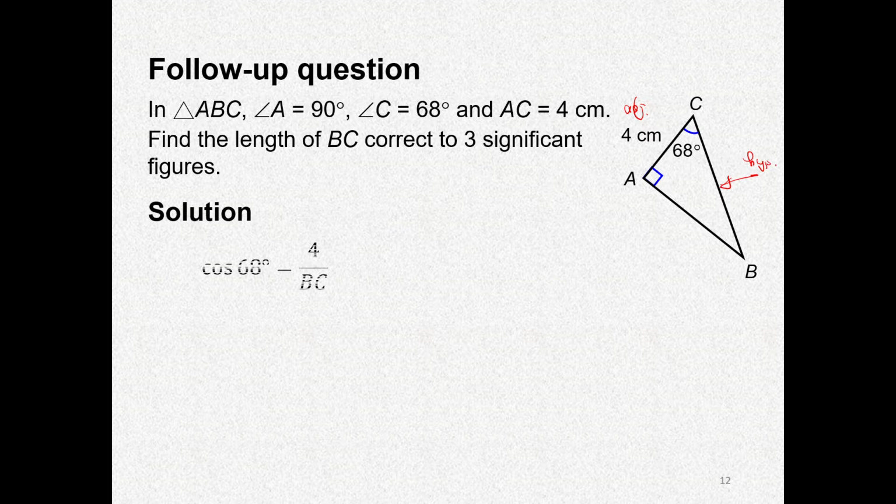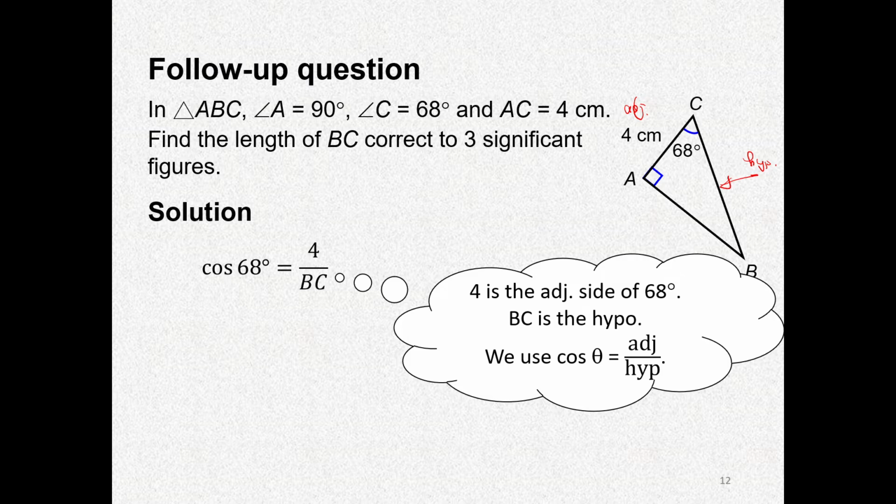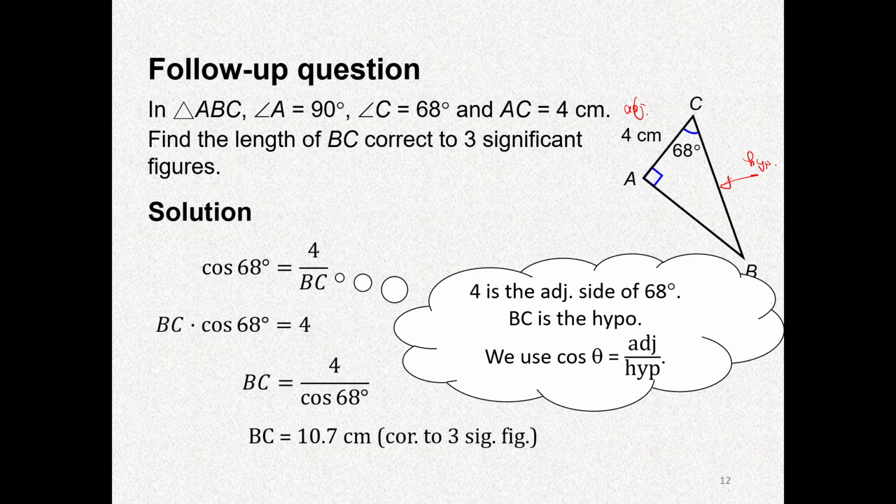So we can set up the equation like this. And then once again, we need to move our BC to the left-hand side first, and then we move the cosine 68 degree to the right-hand side, and then we key in our calculator to find out the final answer, okay, 10.7 cm.